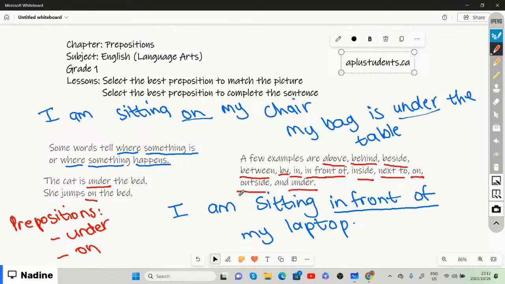Those are a few examples of prepositions, and they either tell us where something is or where something happens. And those are prepositions. All right.